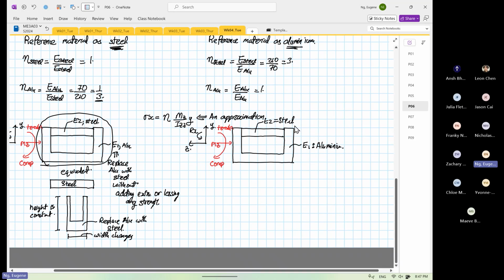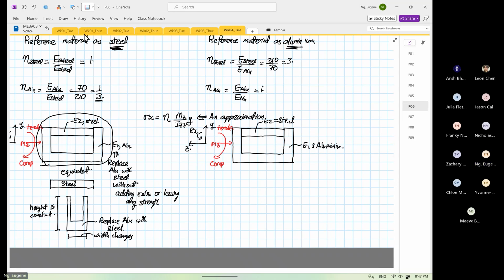So the aluminum is still the same. I'm going to sketch out the aluminum. It is still the same, 2, 4. Aluminum did not change.